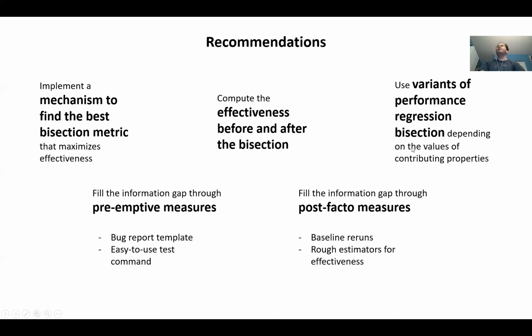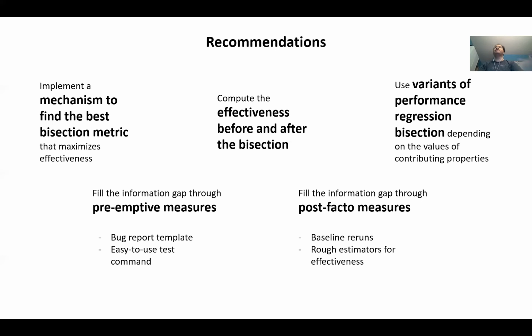And then the other recommendation that I have here is using variance of performance regression bisection, depending on the values of the contributing properties. So perhaps in your specific scenario, you care more about the accuracy of the bisection because your distributions are so close to each other. So in that case, you might consider using something like noisy binary search, which is something that's fairly well studied.